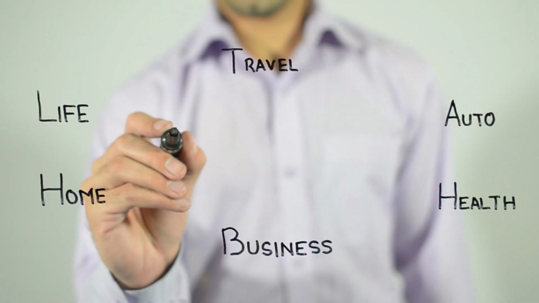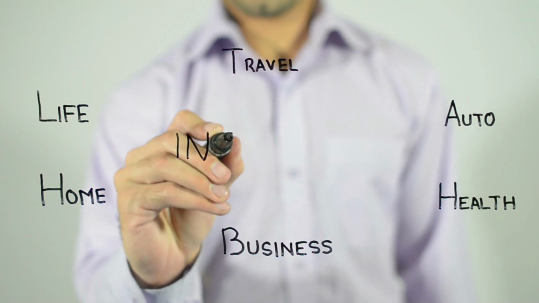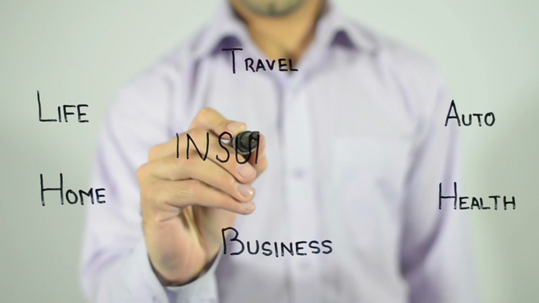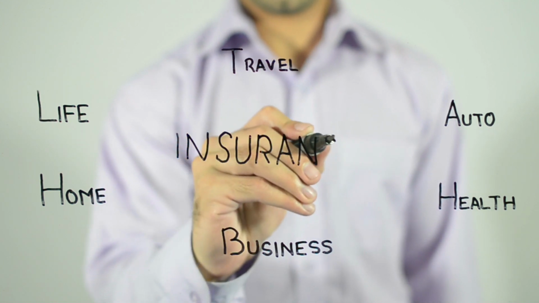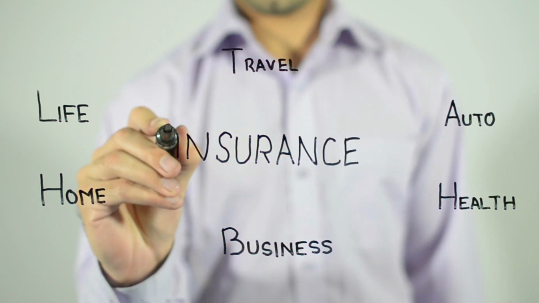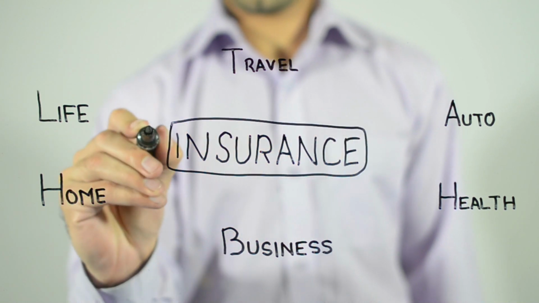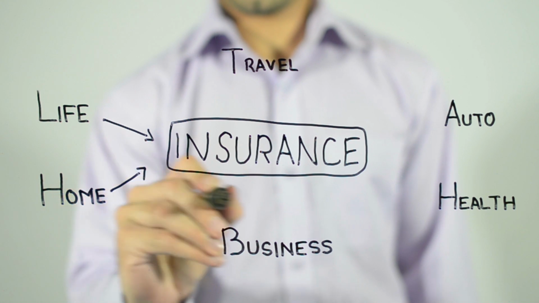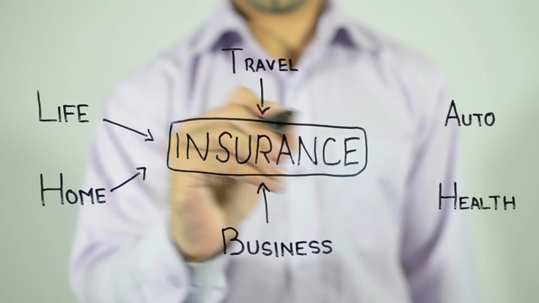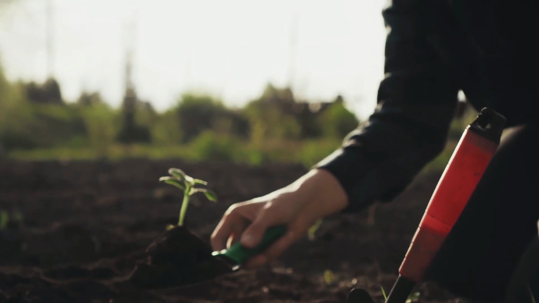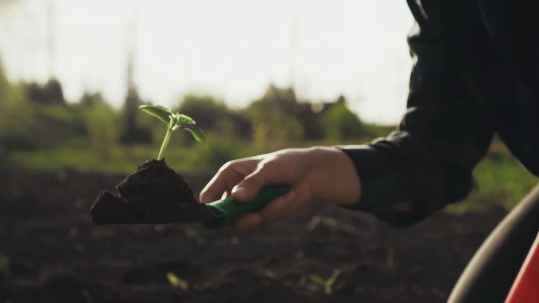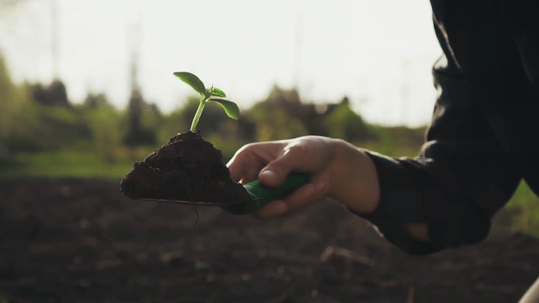Benefits of term life insurance. Term life insurance offers several benefits for individuals seeking affordable and flexible coverage. Affordability. Term life insurance typically features lower premiums compared to permanent life insurance policies, making it a cost-effective option for individuals on a tight budget or those seeking maximum coverage for a specific period.